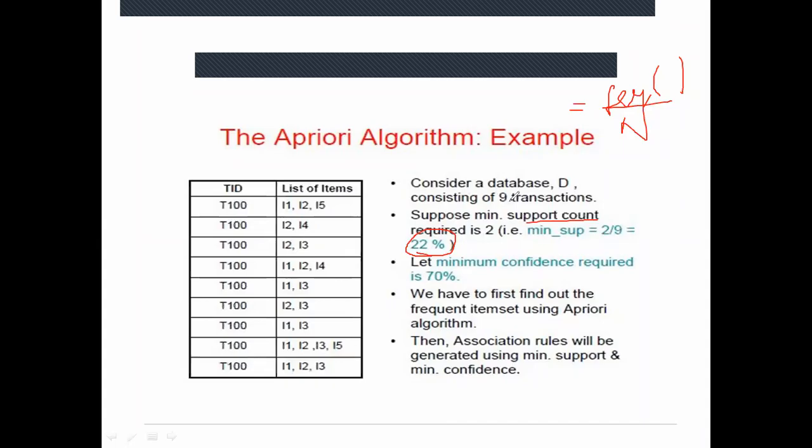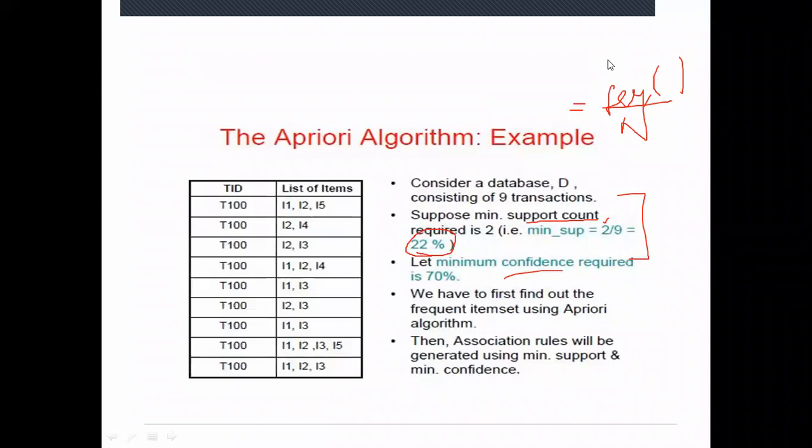So these two things are actually the same. Support count is 2, but if you want to find the support, it would be 2 by 9, which is 22%. So if support is at least 22%, I'm taking those items further, otherwise I'm not. So this is the first step. Confidence I will take later on, but the confidence that I have decided over here is 70%.